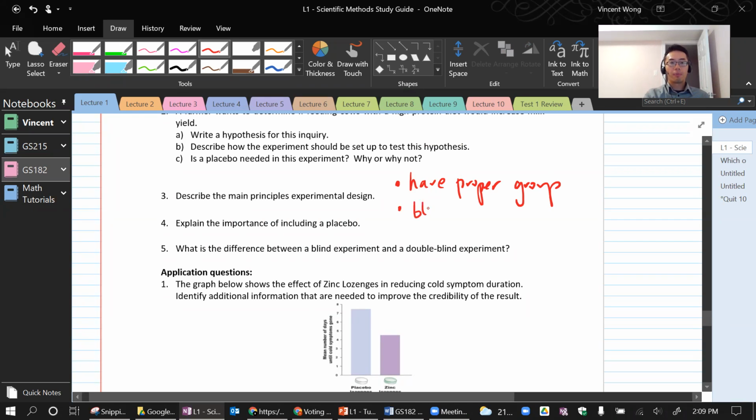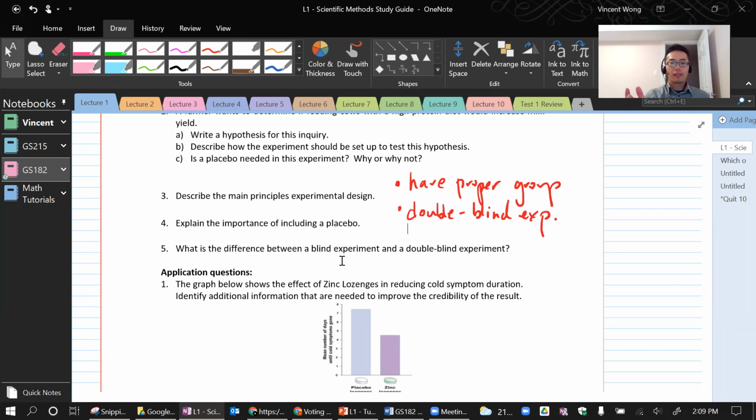You want to have a double blind experiment whenever possible. So a blind experiment is one where the participant does not know if they are receiving a placebo or the actual drug, okay? So you don't tell them.